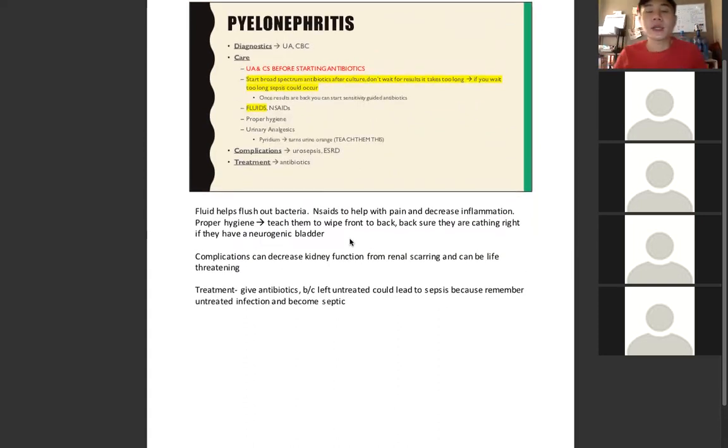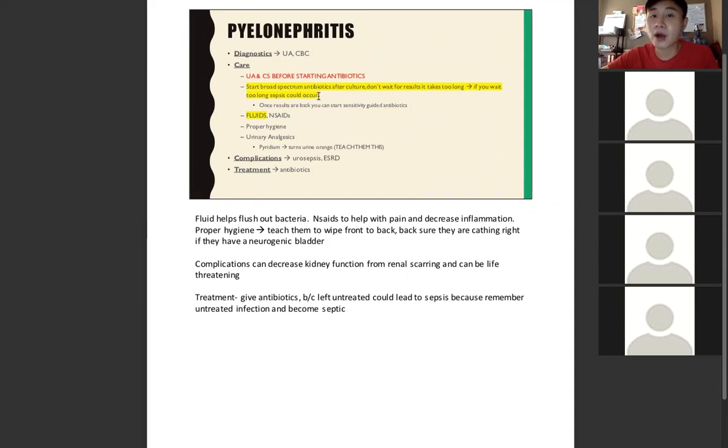Pyelonephritis diagnostics include urinalysis, complete blood count, and cultures, and a scan. Urinalysis and cultures are done before starting antibiotics. We need to start a broad-spectrum antibiotic right after the culture. Do not wait for the result. It takes too long, and if you wait too long, sepsis can occur.